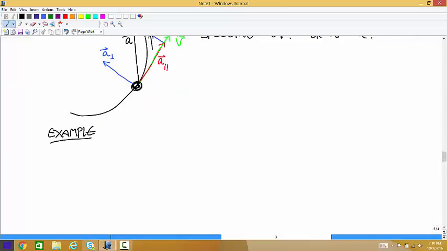Okay, so let me do one more. So let's say you have an object going this direction, slowing down. And we want to sketch the acceleration.